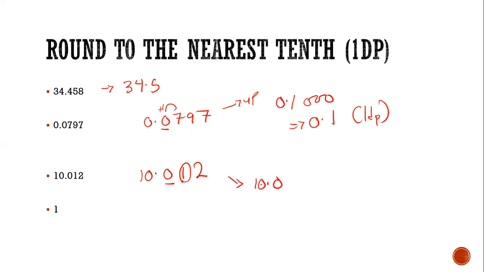We can't ignore this 0 because we're asked to round to 1 decimal place. So we still have to show the decimal place, even if it's a 0. So we write it as 10.0. This would be the correct answer.